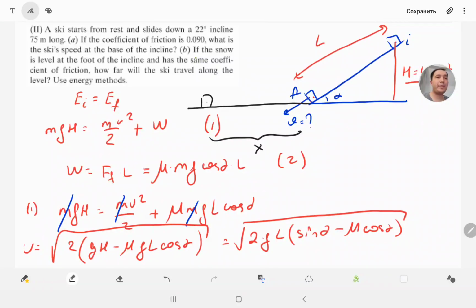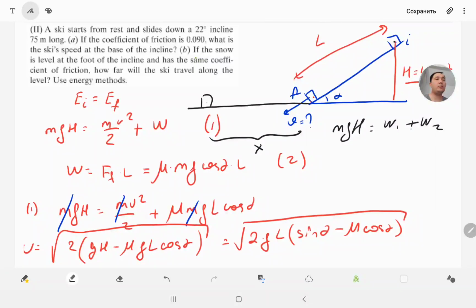So again, we need to write the conservation of energy. At the initial point it was stationary, and at the final point it is again stationary. Initially there was only potential energy, finally nothing. But what happened to this initial potential energy? All of this potential energy, 100%, was spent to overcome the friction force. So here we should write the work done by friction force on the inclined plane and on the horizontal surface.